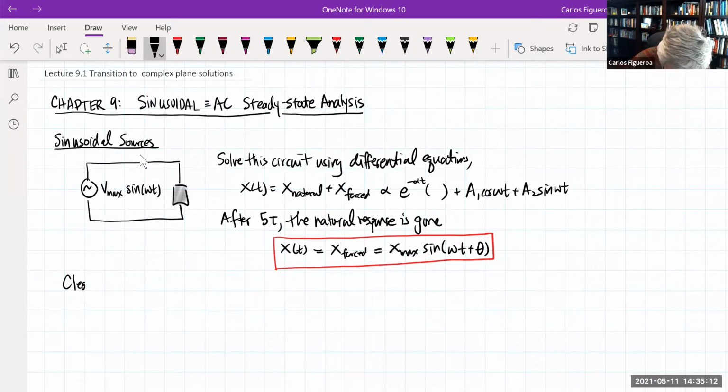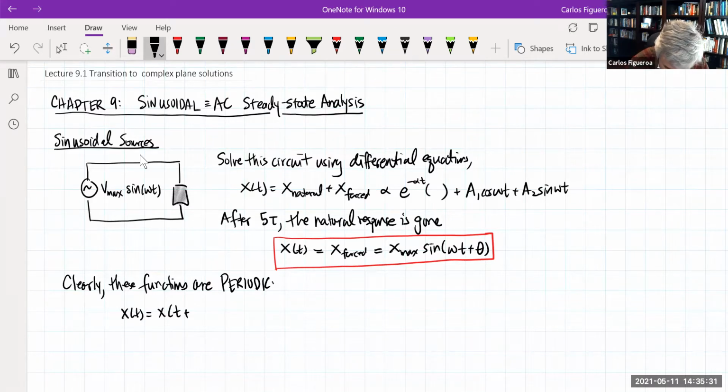Clearly, these functions are periodic. And what do I mean by periodic? That means that if I look at some function at time t, at some time t plus capital T, I get the exact same function.